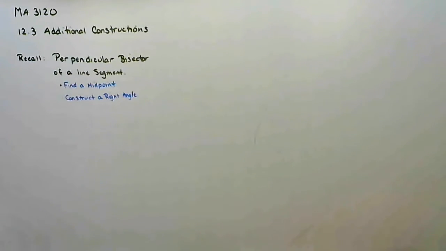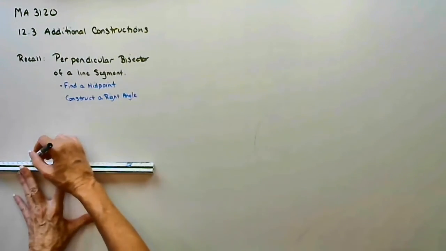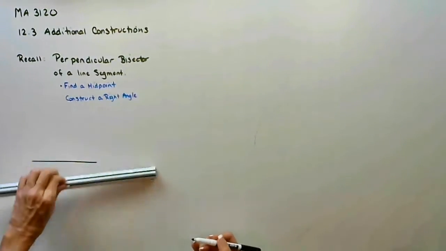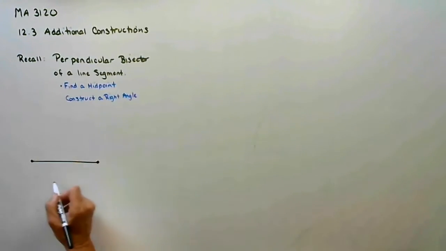Okay, so let's first just practice mechanically how to do that construction. So if I give you a line segment, whoops, slipped a little bit. I'm going to call this line segment, segment AB.